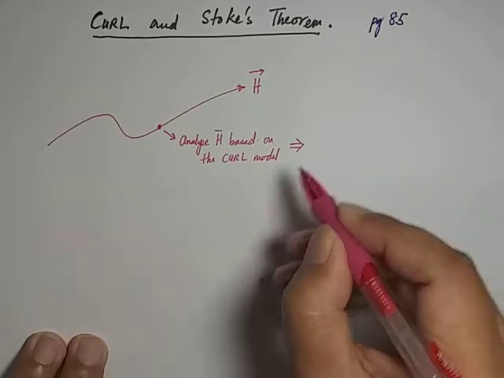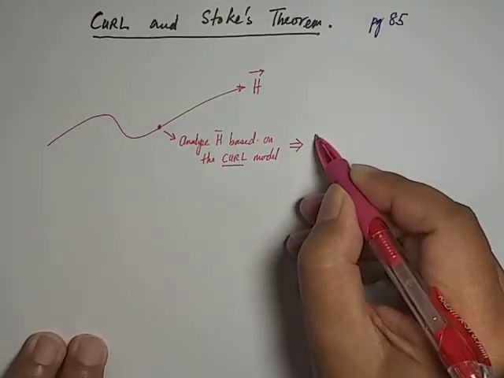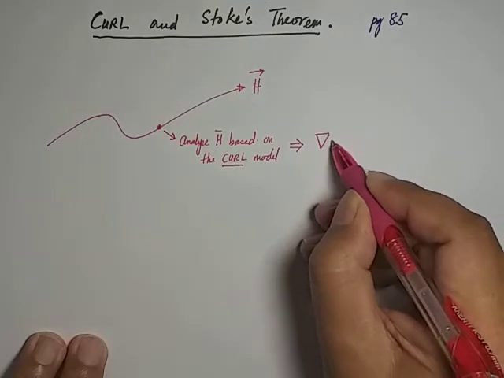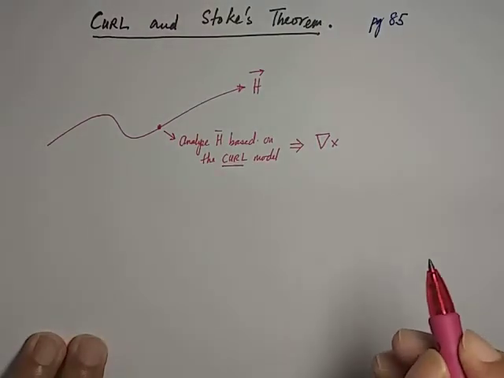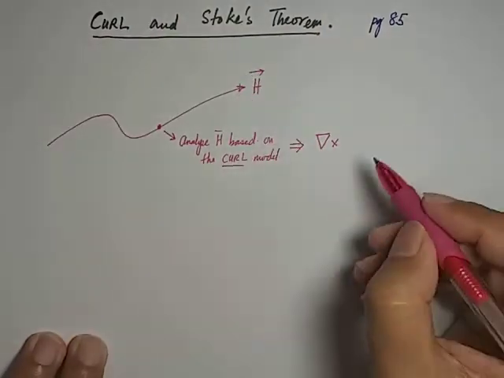When I have curl, this should be my equation to represent the model. What field are we dealing with now?